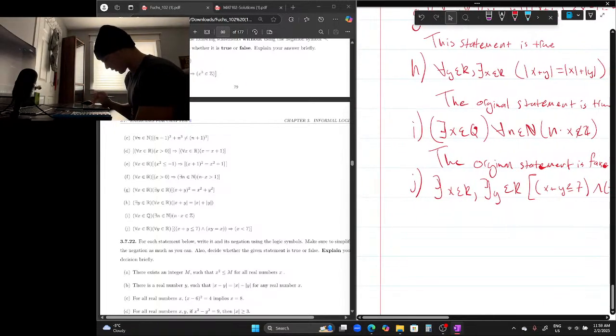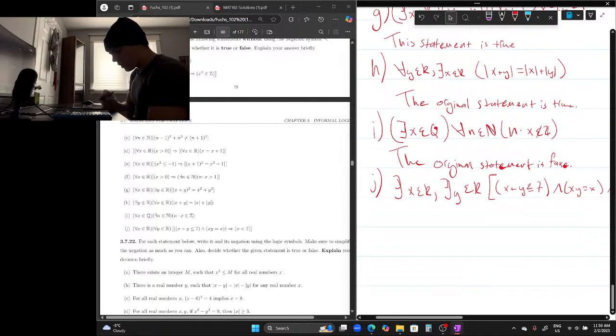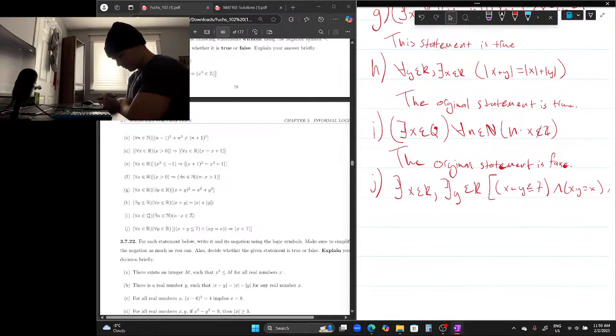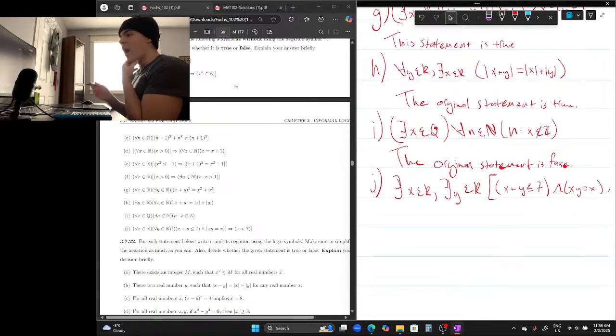Okay, so the truth of this statement doesn't really matter, but the original statement: if x plus y is less than or equal to 7 and y is equal to 1, then this implies that x is equal to 7. So basically, x is less than or equal to 6, then x is less than 7.